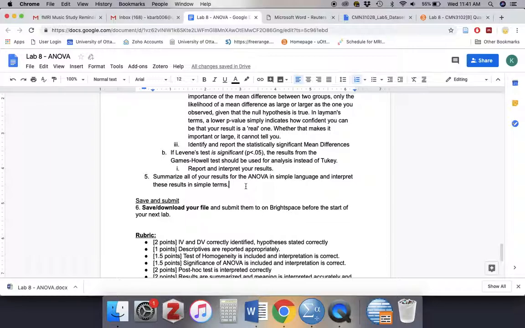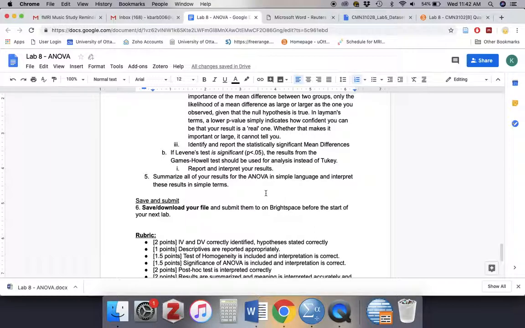Then looking at the post-hocs, which comparisons were different from each other, which groups were higher or lower, and then to summarize in simple language, what can you really say about these results if you're trying to tell someone how social media use is different across political affiliation, okay?